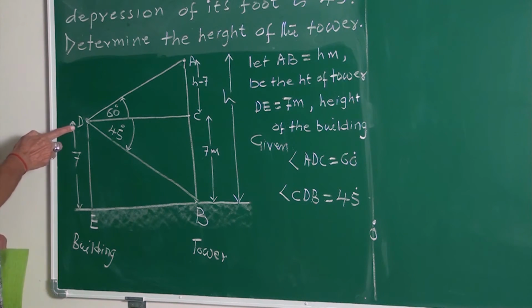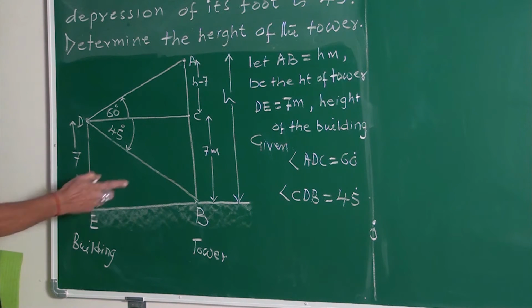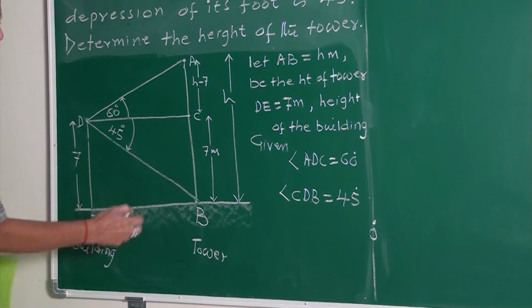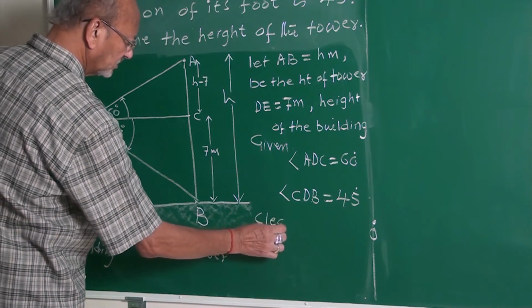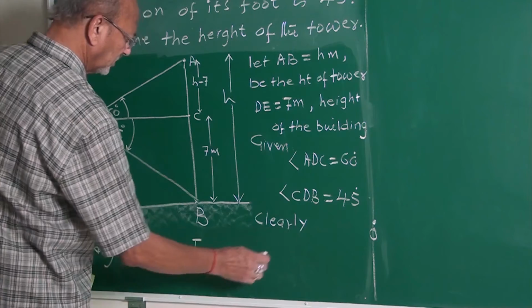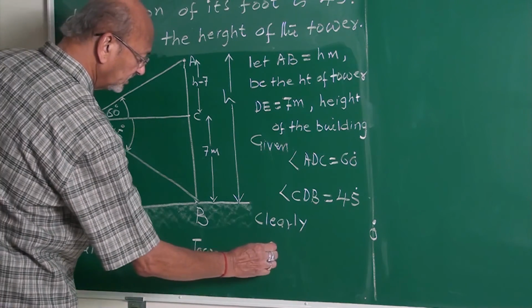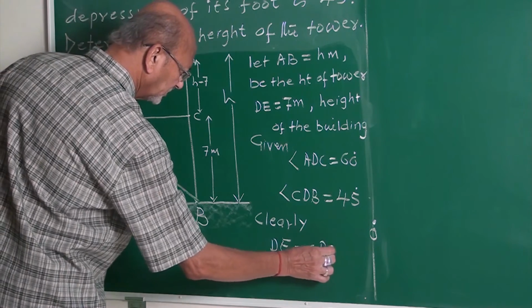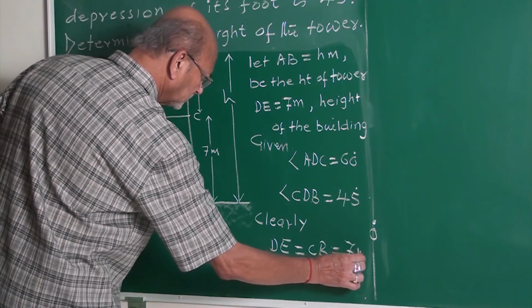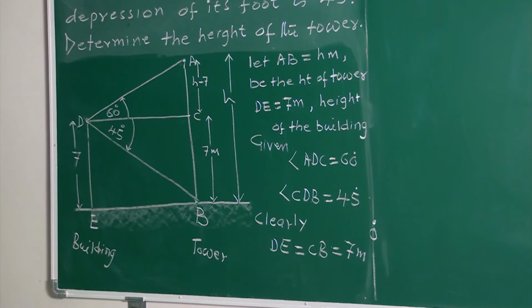Then clearly from geometry, DE equals CB equals 7 meters.